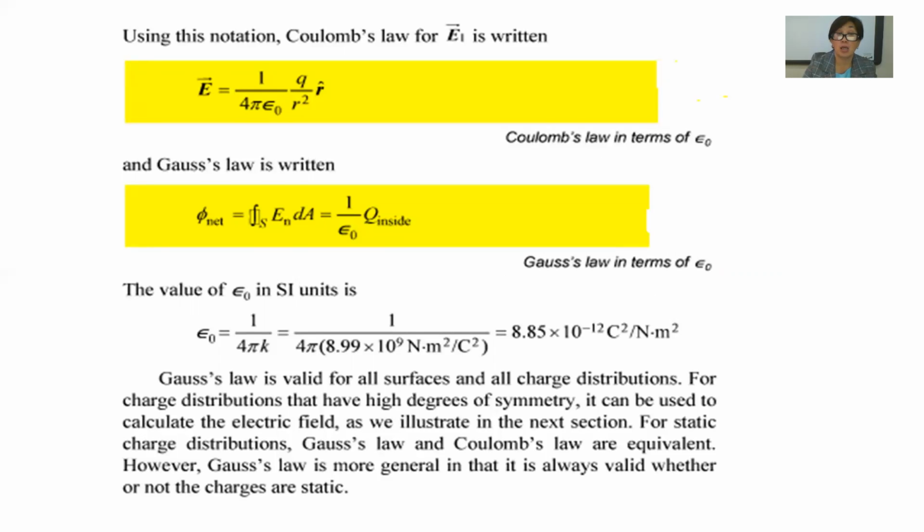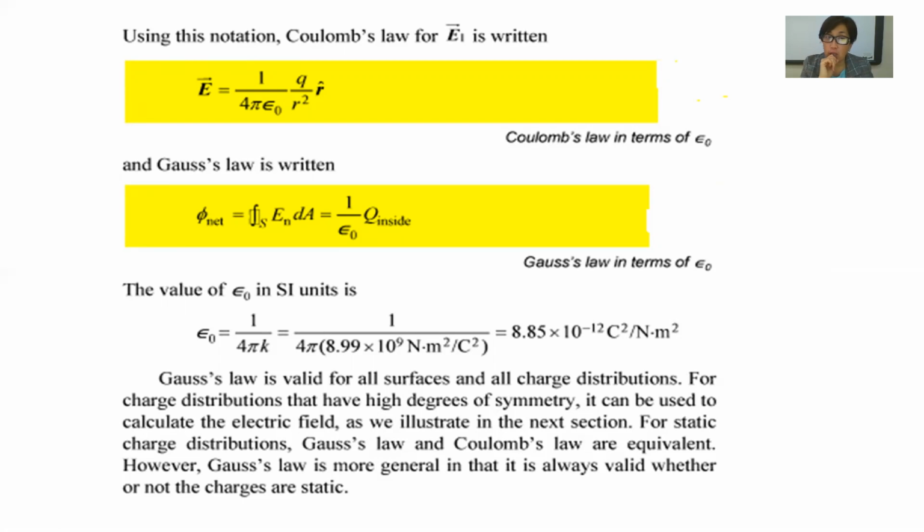Using this notation, the formula of Coulomb's law for the electrical field is written in terms of epsilon 0. On the last page we used K, which replaces 1 divided by 4π epsilon 0.